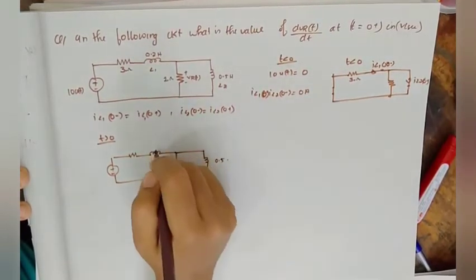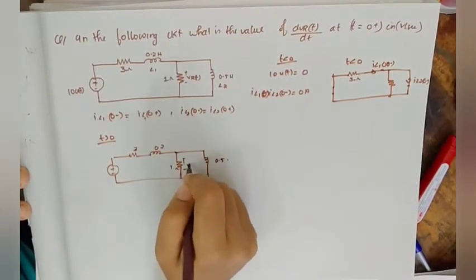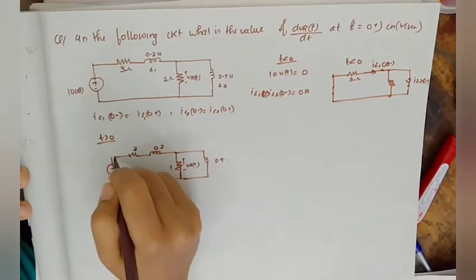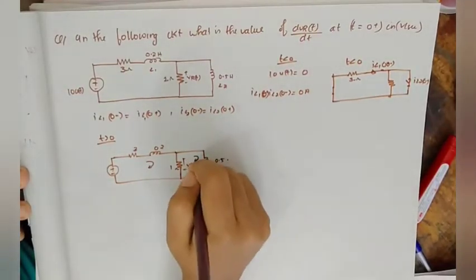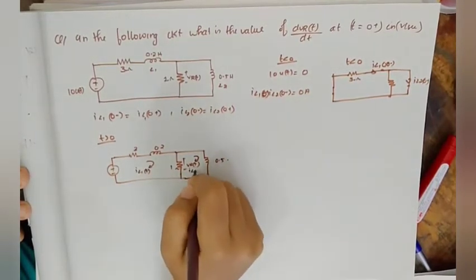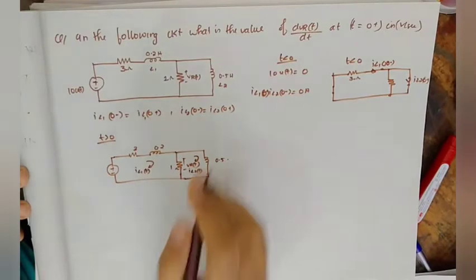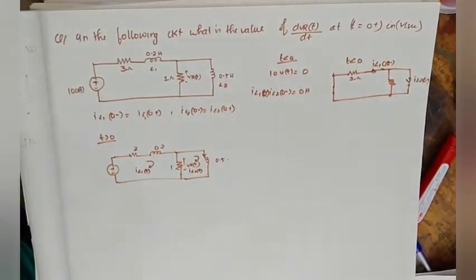This is 0.5 Henry, this is 0.2 Henry, 3 ohm, 1 ohm, and this is VR of t. So this is mesh 1 and this is mesh 2. The current through this mesh is IL2 of t, and through the other mesh is IL1 of t.